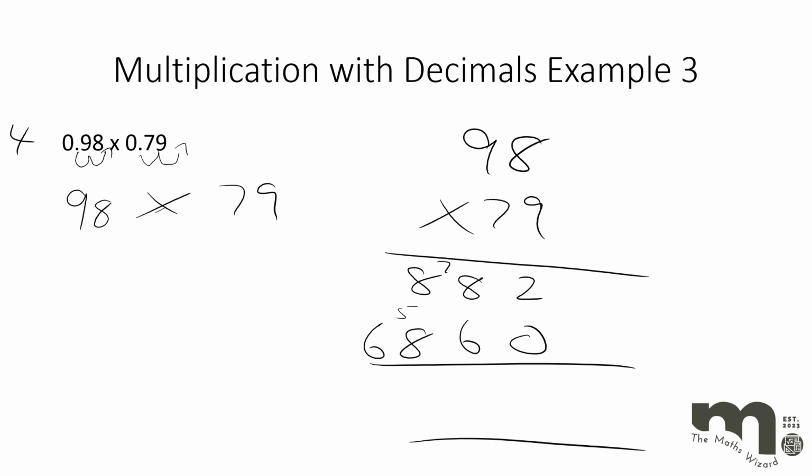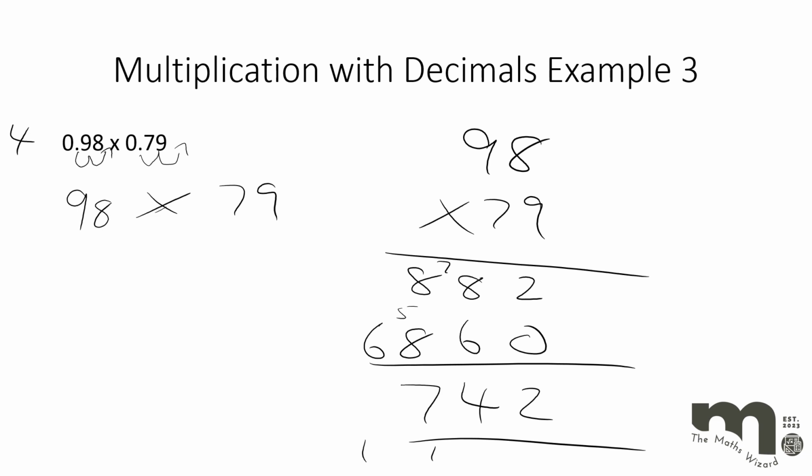So now we've got to add up each of our columns again. So we've got 2 add 0, which is 2. 8 add 6, which is 14. Carry your 1 across. Then we've got 8 add 8, which is 16. Add on this 1, you get to 17. You've got to carry your 1 across again.